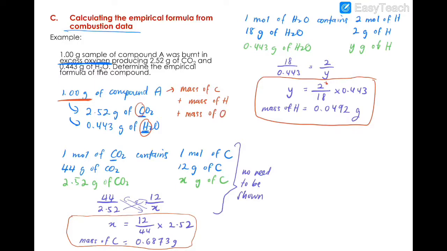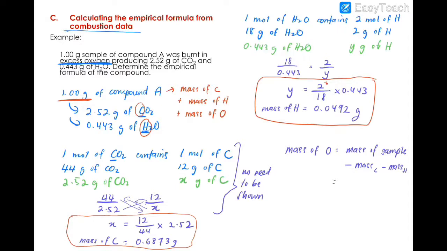So sebenarnya ada 3 elements dalam compound A ni. Okay, so how do we look for the mass of oxygen? So basically mass of oxygen is equals to mass of sample tolak dengan mass carbon tolak dengan mass hydrogen.